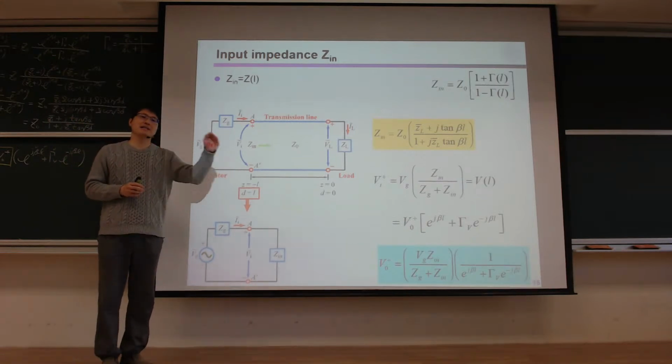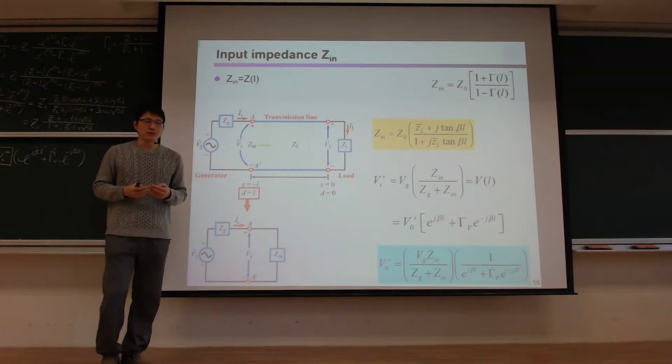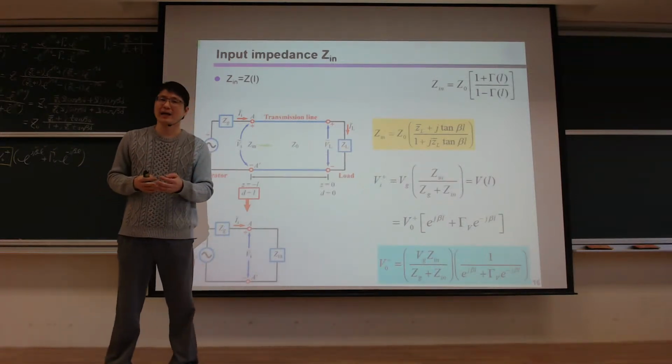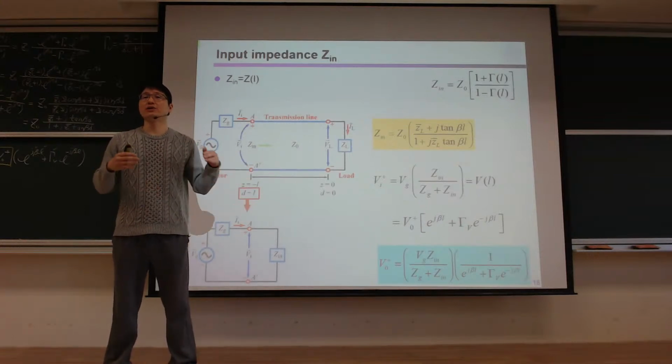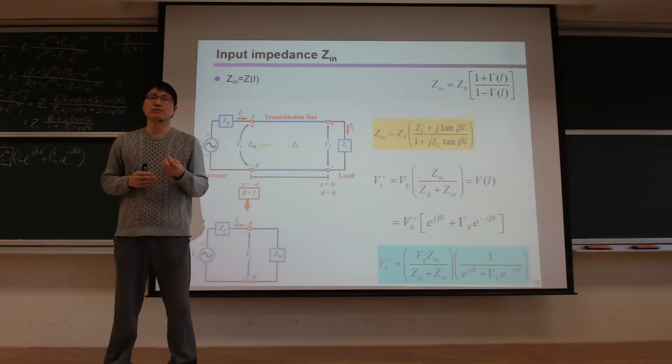And starting from the next section, we are going to understand transmission lines with certain loads in more detail. I would say these are more specific cases, right? Up to now, we have derived all the general solution forms, and then we're going to look into specific ones.